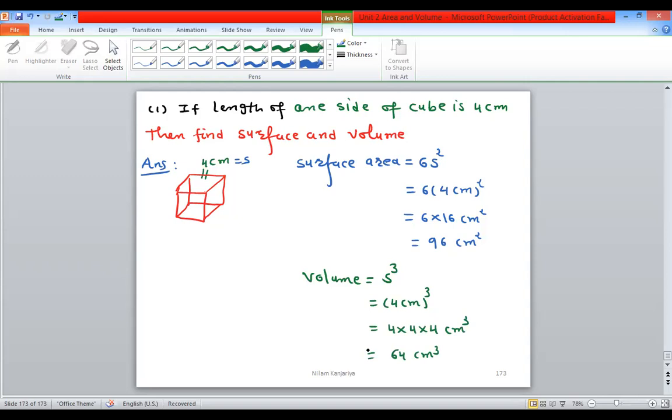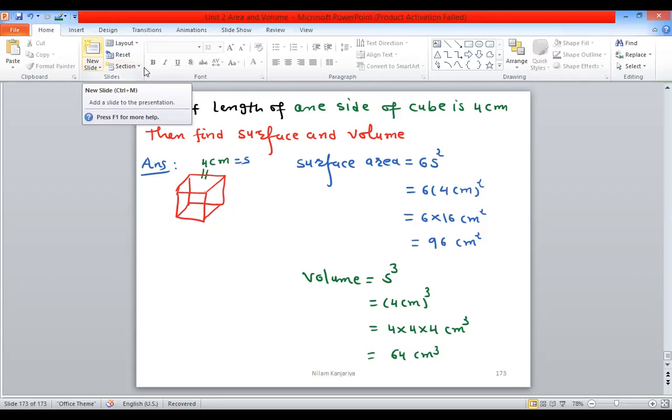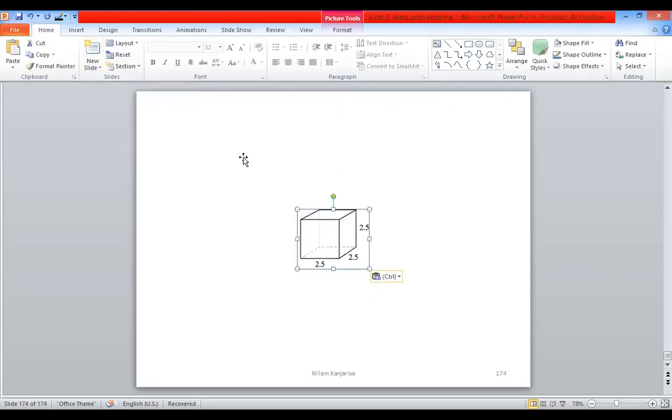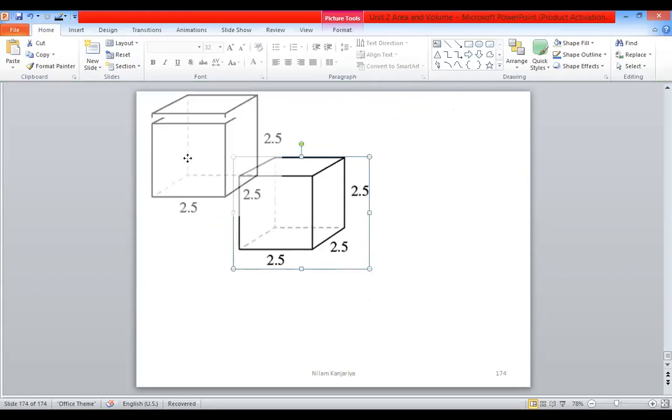Now I'm giving you one example for your practice. You just tell me the answer. Okay? So be ready. This is your question. All the students, please focus on it. This is your cube.